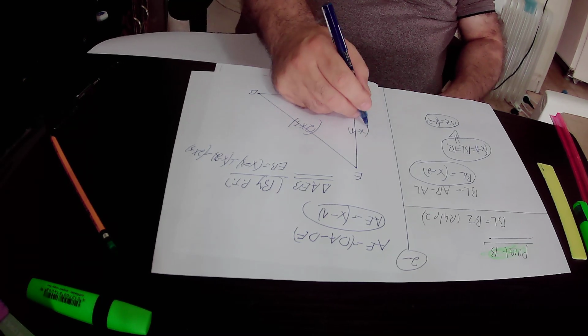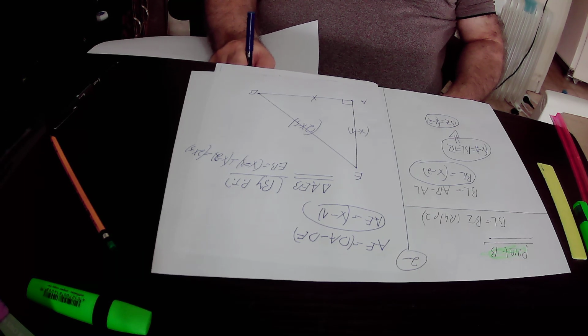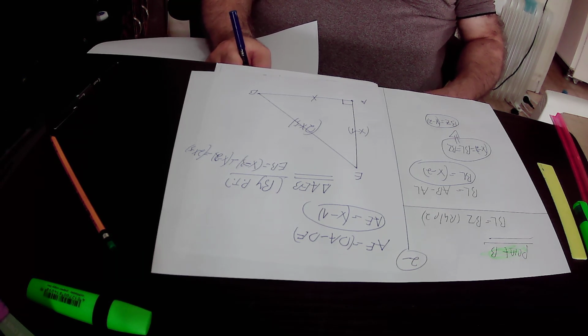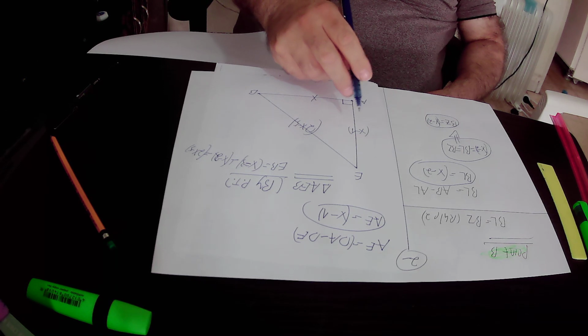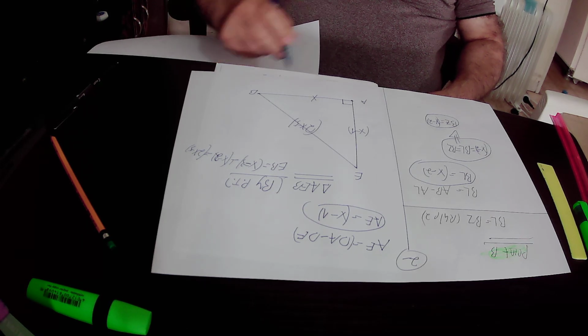That is to say, the hypotenuse is EB, so the square of the hypotenuse is EB squared, and it must be equal to EA squared plus AB squared.